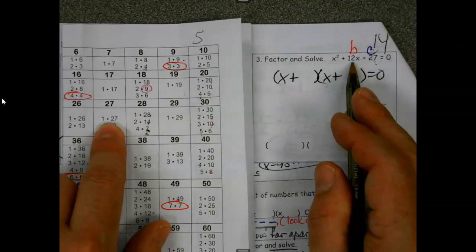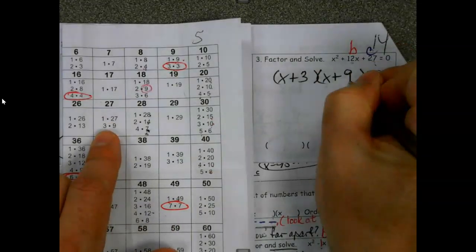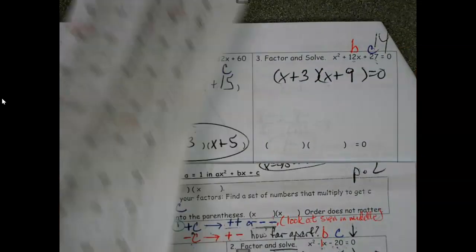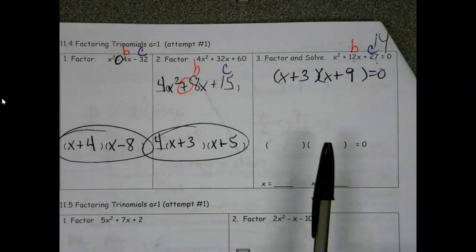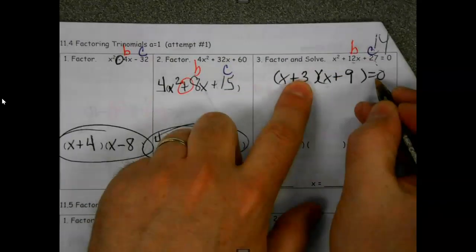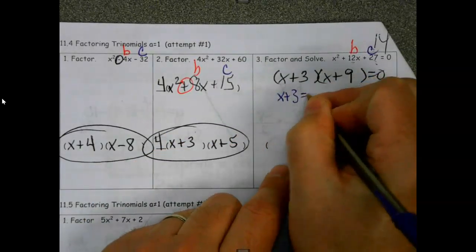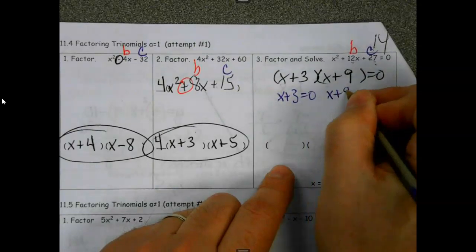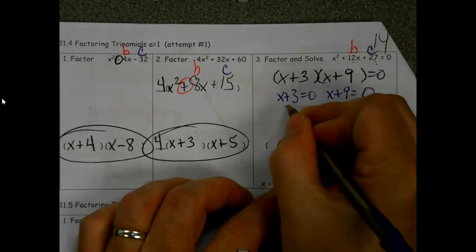Well, 1 and 27 don't add up to 12. 3 and 9 does, though. Again, if you want to use my little parentheses, you can. If you're like, I'm good, Hardy, I'm just going to stay here, that's fine. We got 3 and 5 because 5 and 3 add up to 8. The only difference is if you have the equal 0, each set of parentheses gets set equal to 0, and you solve the one-step little mini equation.